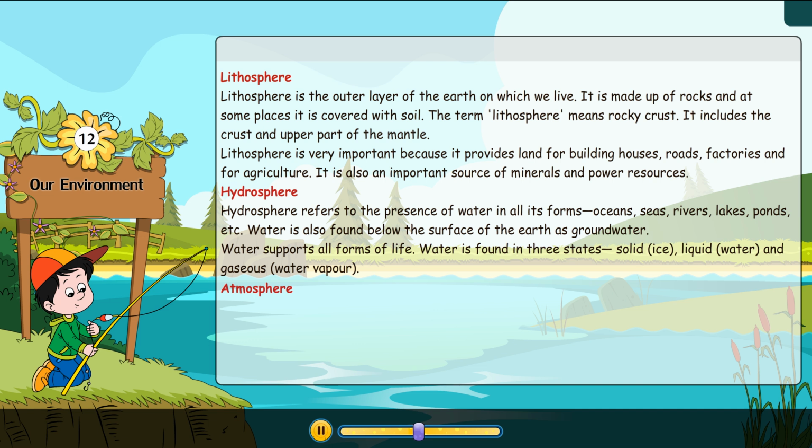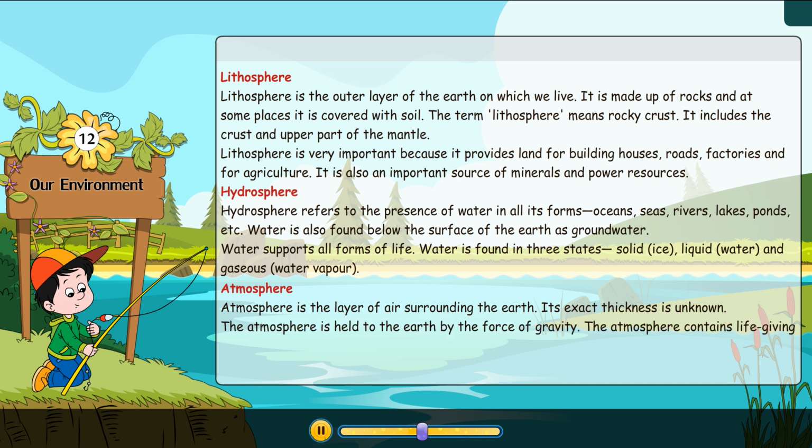Atmosphere. Atmosphere is the layer of the air surrounding the earth. Its exact thickness is unknown. The atmosphere is held to the earth by the force of gravity. The atmosphere contains life-giving oxygen for human beings and animals, and carbon dioxide for plants.